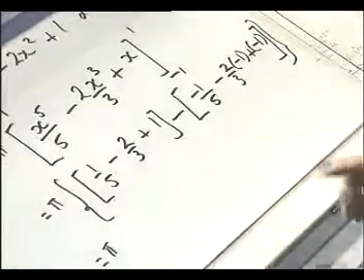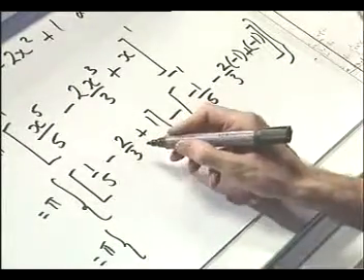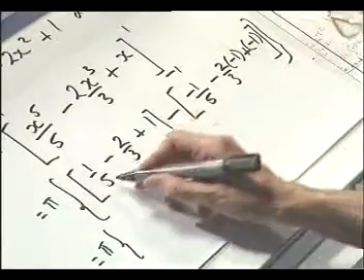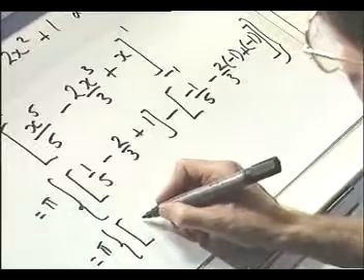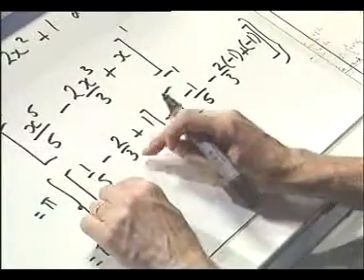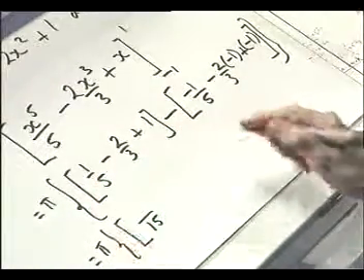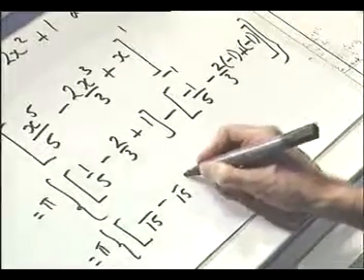Now let's work out each of these two brackets. Now we need some knowledge of fractions to be able to do this, and by the looks of it we're going to need a common denominator. So let's make them all over 15, because 15 is 5 times by 3, and both 5 and 3 will divide exactly into 15.